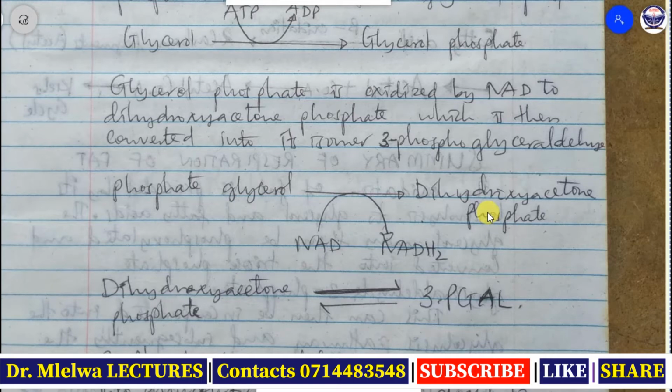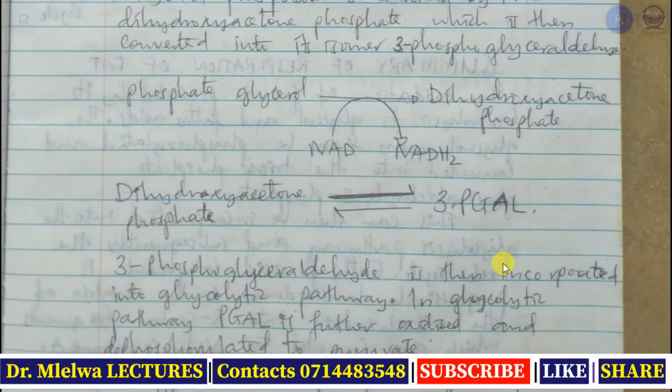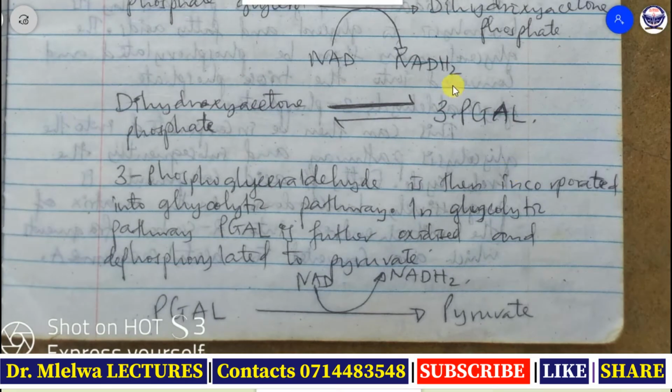How do we oxidize it? By removing hydrogen, because NAD is the hydrogen carrier. So glycerol phosphate is oxidized by NAD to dihydroxyacetone phosphate, and then dihydroxyacetone phosphate is converted into its isomer, which is 3-PGAL.